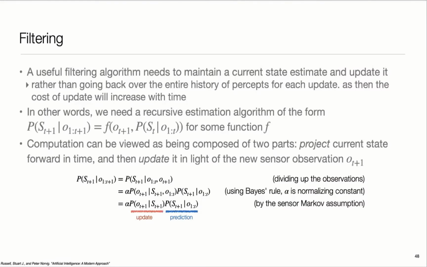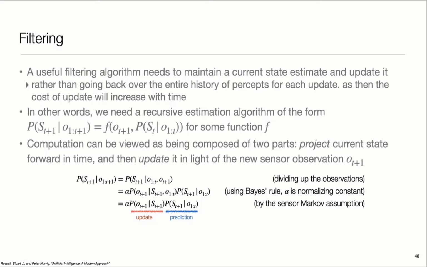Okay, so filtering. Remember, filtering is: given observations from time 1 through t, we want to say what is S of t. The idea in these inference algorithms is that you don't want to always start from scratch.